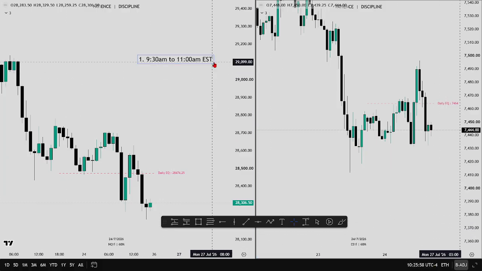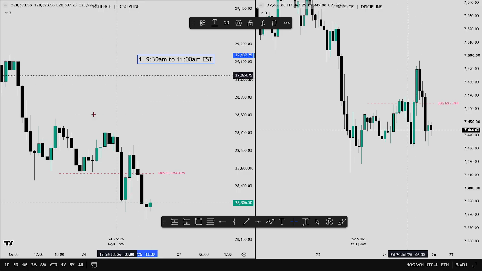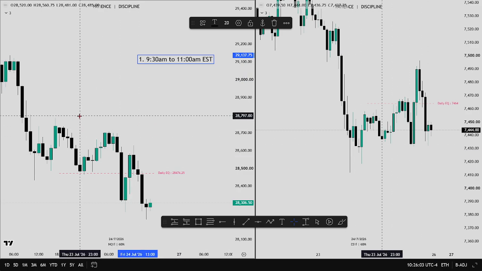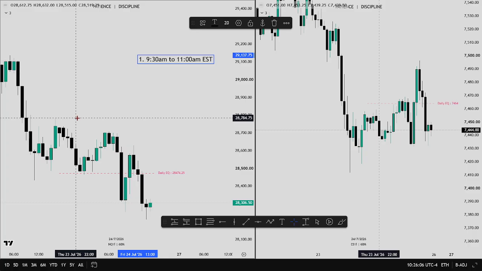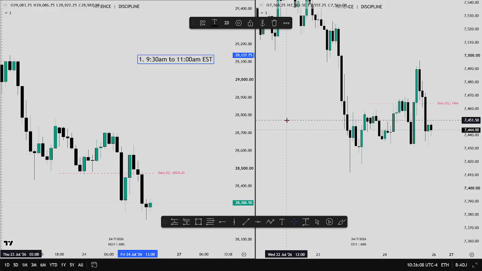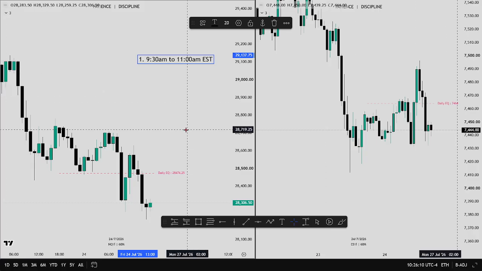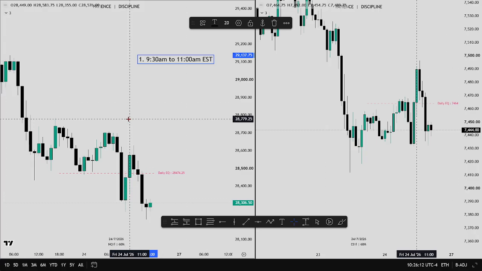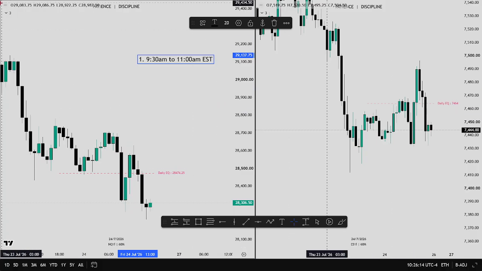To get these charts, the Nasdaq and the ES come with a premium version of TradingView. If you don't have TradingView Premium and you open these charts, at the top you see a D in orange.